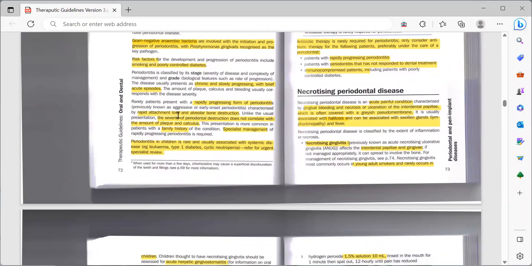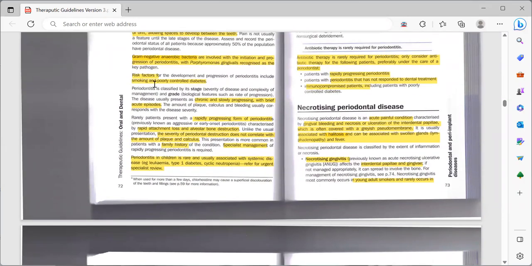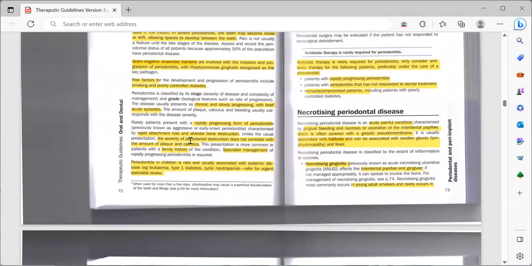In this case, the most important thing is that, unlike what we read earlier about severity depending on the amount of plaque and calculus, here you would see in your patient that the gums look clean, but there would be a large amount of bone loss compared to the plaque present. That's why it is rapidly progressing.